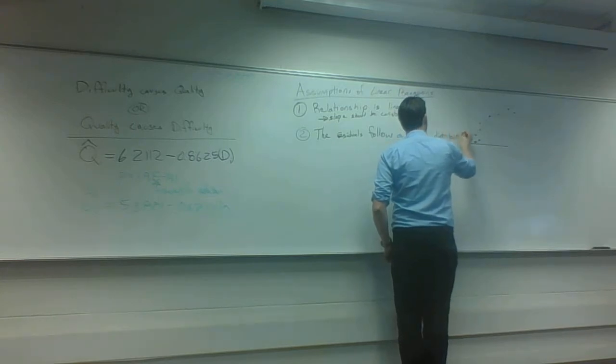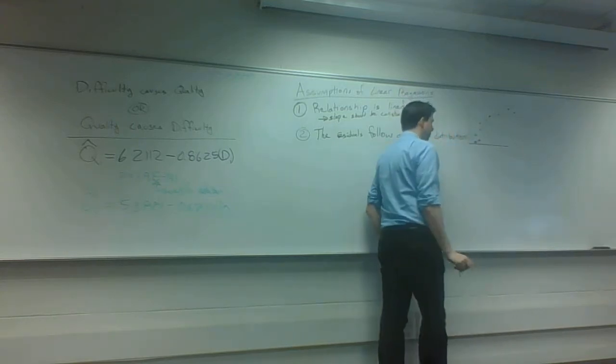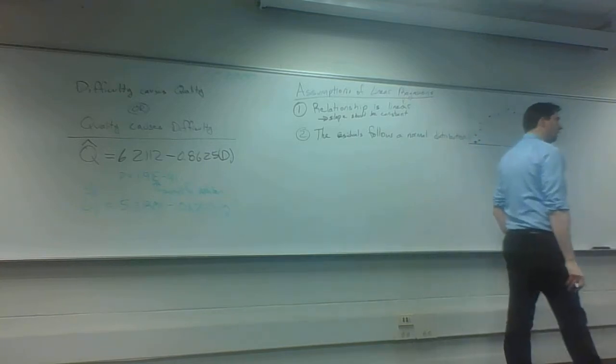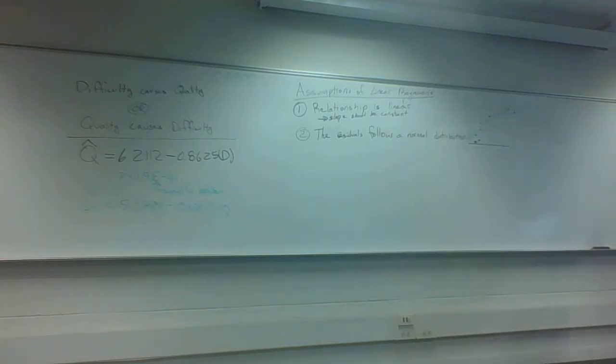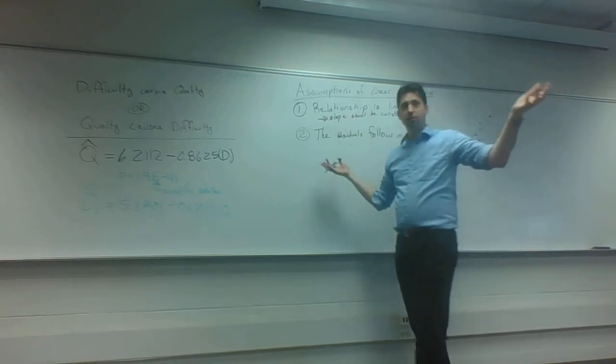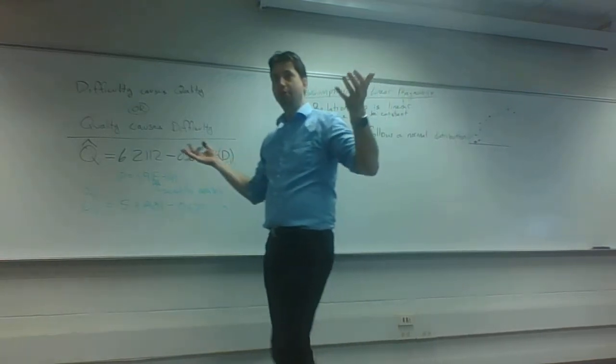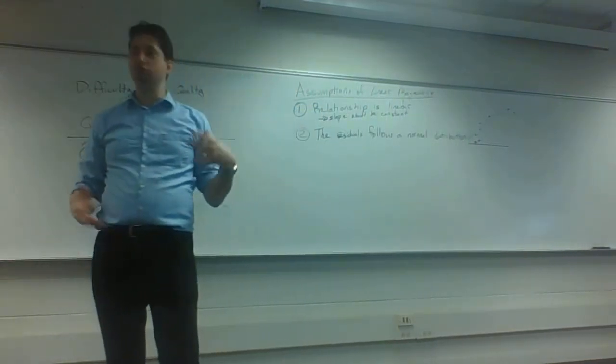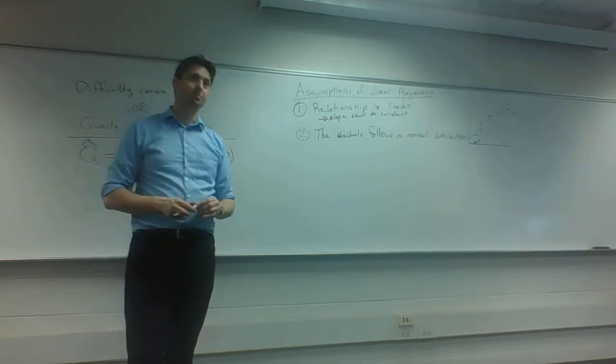Two. The residuals follow a normal distribution. In other words, most of the observations are going to be relatively close to the line of best fit. A few are going to be really far away, but in general, it should follow a normal distribution just like we would see in the central limit theorem.